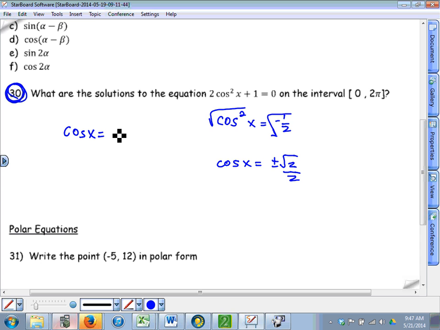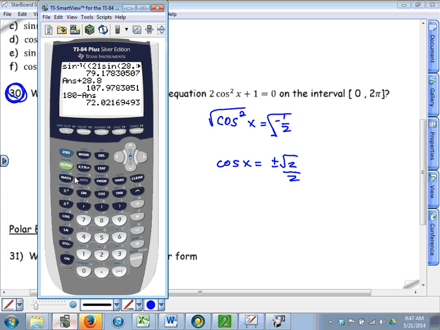Cosine of x equals positive root 2 over 2, or the cosine of x equals negative root 2 over 2. If you do the inverse cosine of the square root of 2 divided by 2 in your calculator, it's going to tell you 45 degrees, but remember, this is only telling you one of them. This calculator gives you a function, one input, one output.